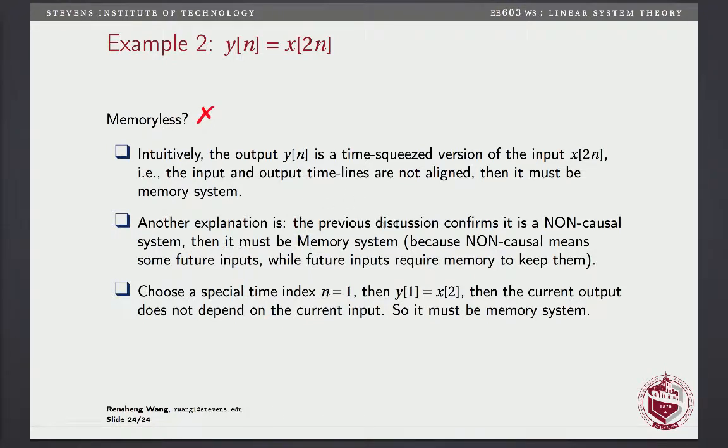Recall the previous discussion about non-causal: because this is a non-causal system, you must have some future input. If you have future input, what does it mean? For future input, you need memory. So that's a memory system. If you choose a very special case, let's say n equals 1, you have y(1) equals x(2). So the current input is x(1), but the current output is x(2). So this must be a memory system.